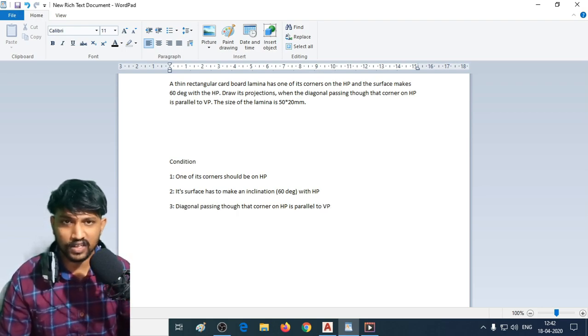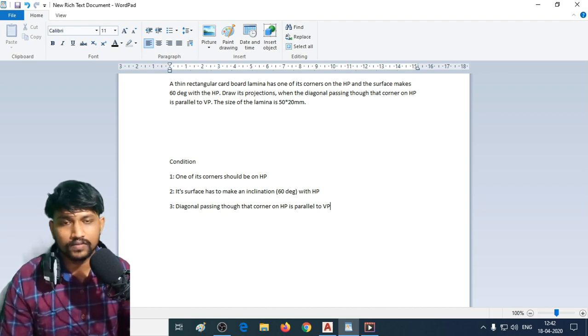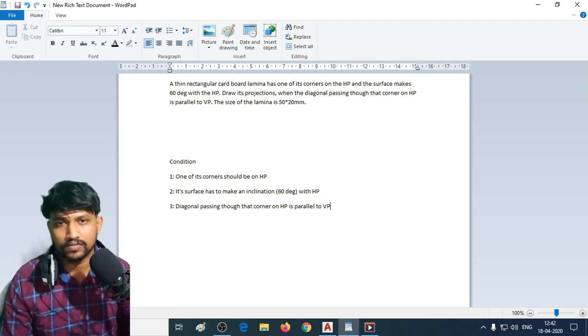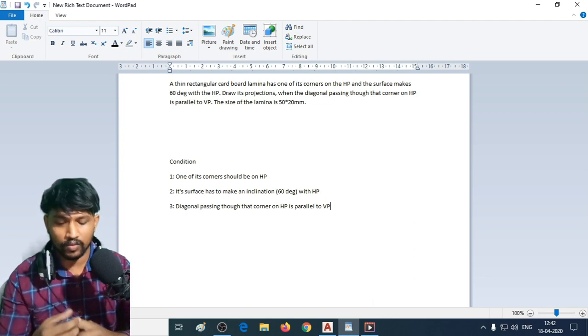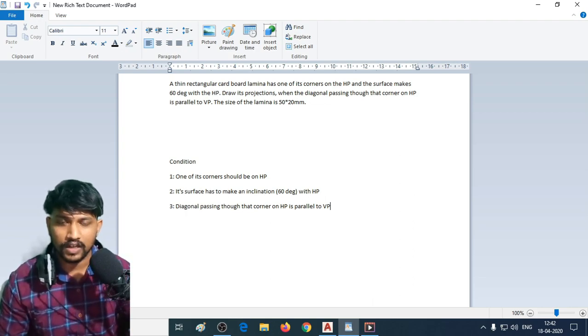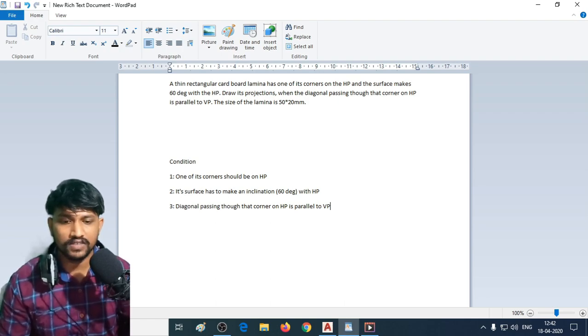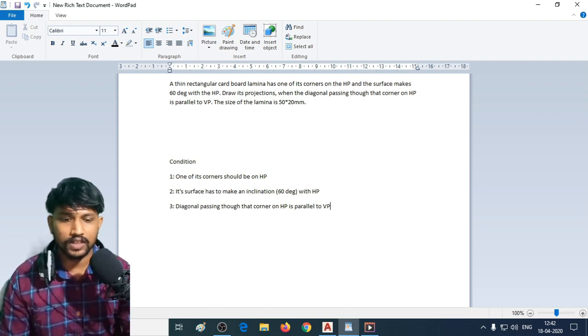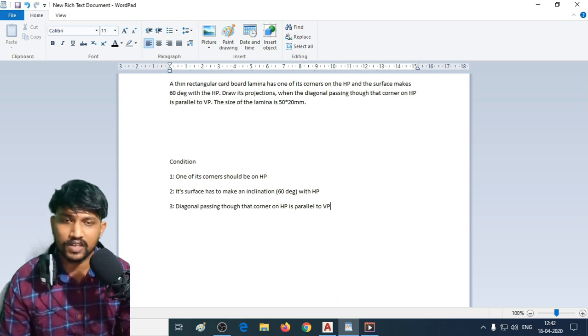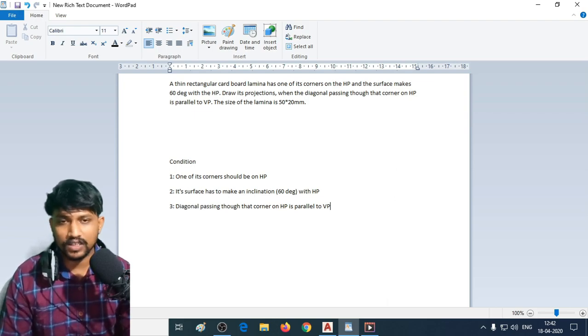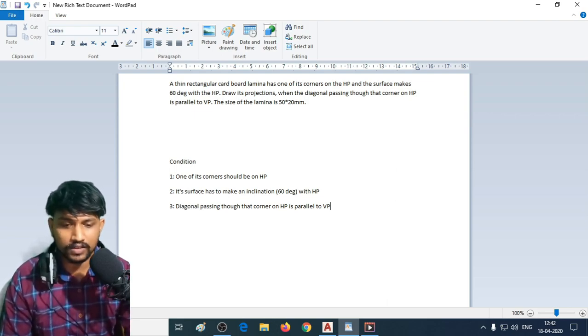These are the three conditions that we need to satisfy. Remember, the conditions need not be satisfied in order. First and foremost thing that you need to understand is that the conditions need not be satisfied in the order, which means the first condition may be satisfied initially, or the second condition may be satisfied initially, or the third condition, which means the third condition does not have to be satisfied in the third stage.